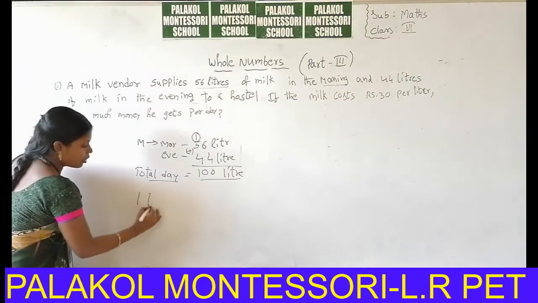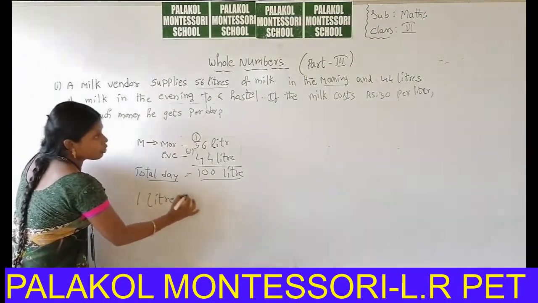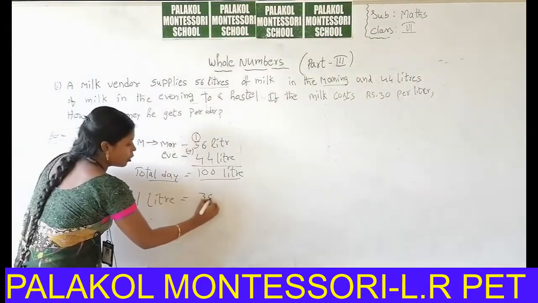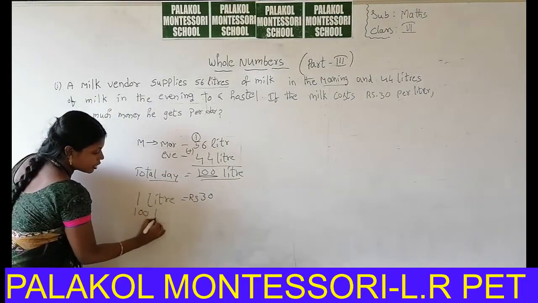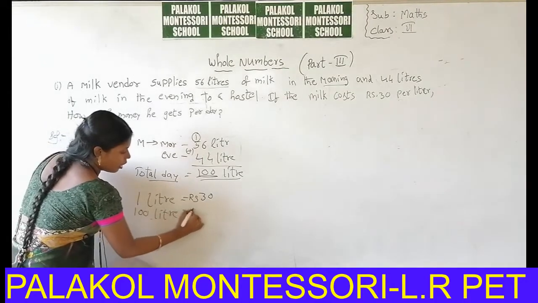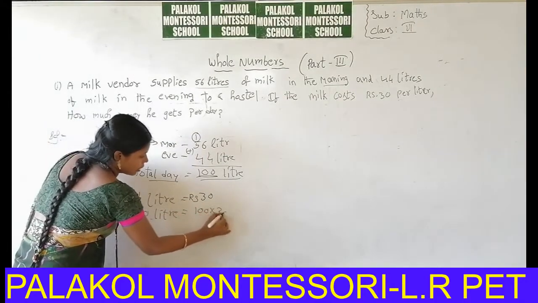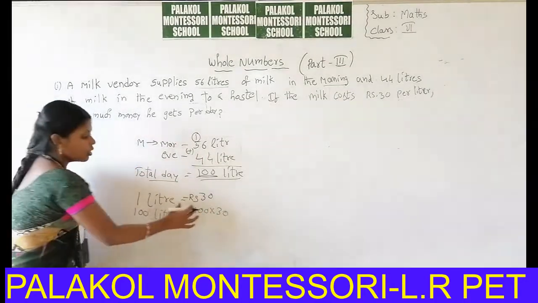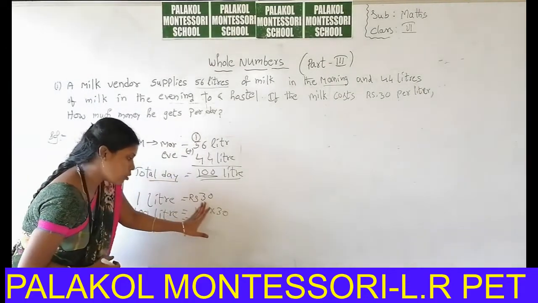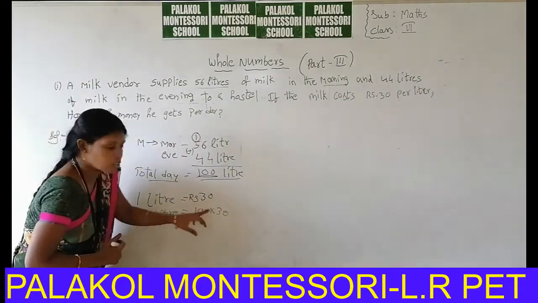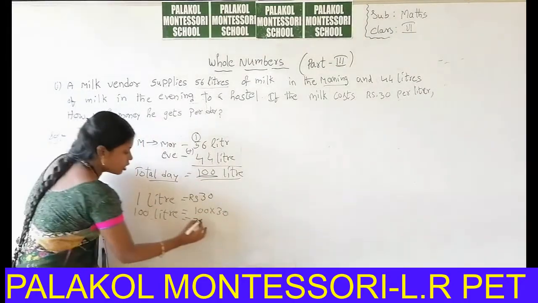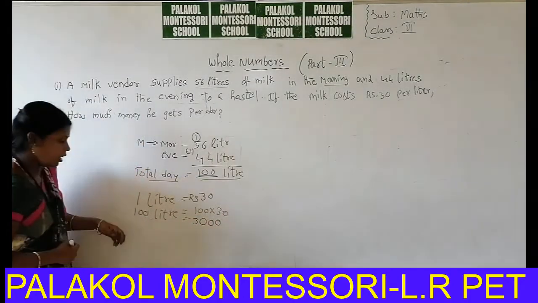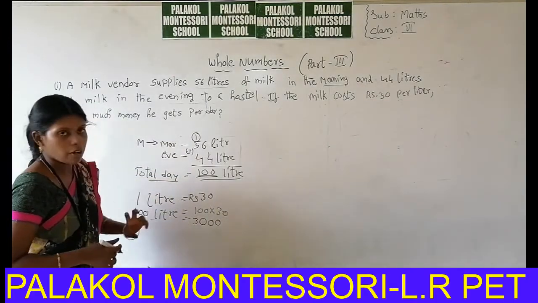So 1 liter of milk costs 30 rupees. But how many liters are there? 100 liters of milk. So 100 into 30. So we can close the zeros. 3 zeros you can close. Remaining number 1 into 3. So total cost 3000 rupees.